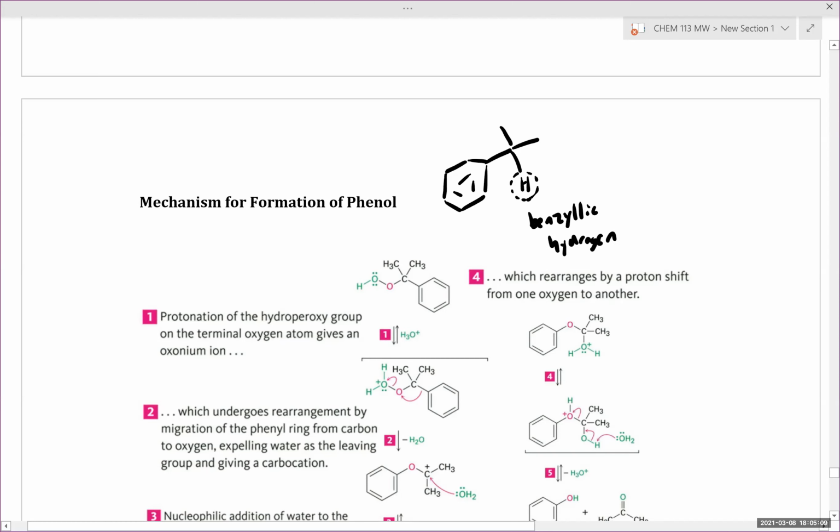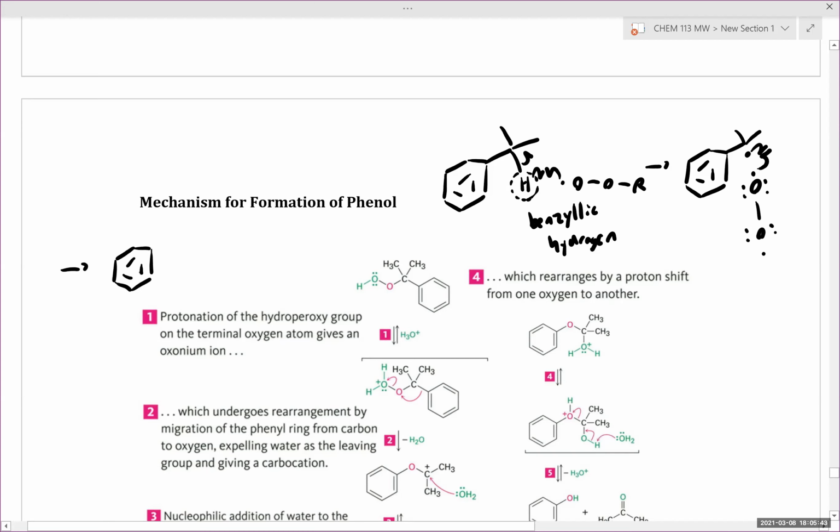This benzylic hydrogen can be readily abstracted to yield a highly stable tertiary benzylic radical. That radical can then combine with oxygen to generate the corresponding hydroperoxide.